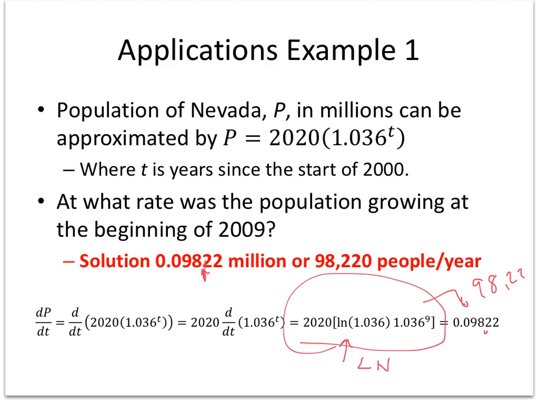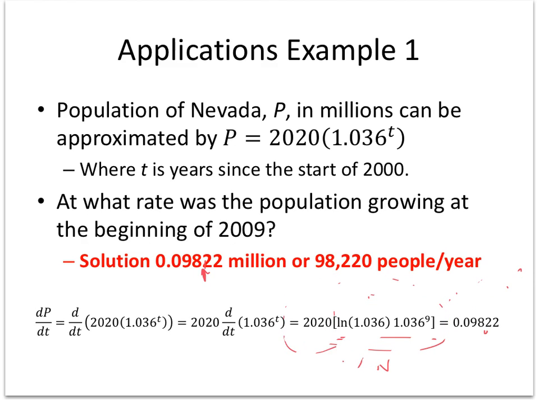Be sure that when you're putting these in your calculator, you know whether to use the LOG or the LN in this case, and that you're either breaking this down into one piece and then multiplying. Hopefully you got this piece here.